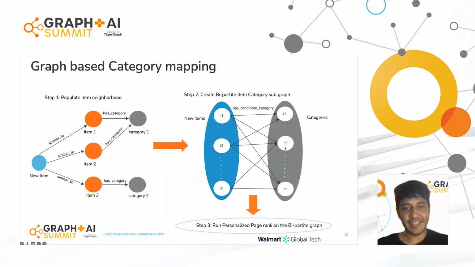And in the right side, we have a list of all potential candidate categories for those items. In mathematical view, it is a one-to-many mapping between new items to categories. And the final motive of this pipeline is to establish a one-to-one mapping between these entity types.